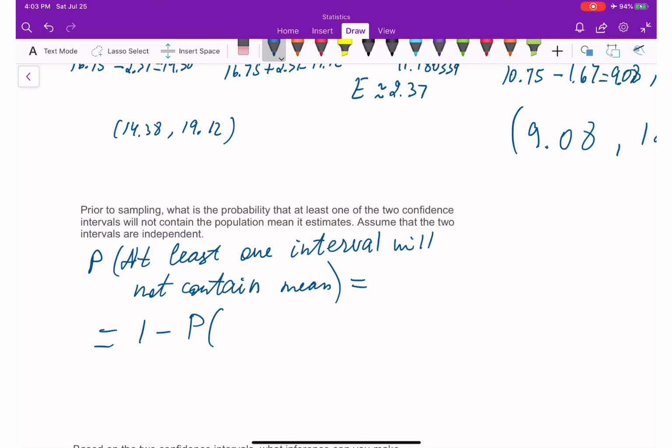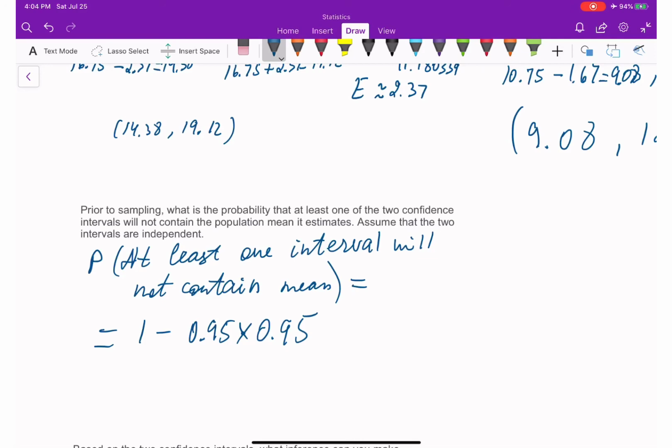Therefore, the first one and the second one, remember that's a probability, and when we have and, we have to multiply by each other, which is going to be 0.95 times 0.95, because both have 95% confidence.